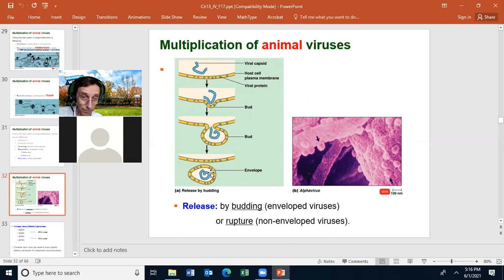And the enveloped virus will have the membrane form around the virus, and then this membrane will form the envelope around the virus. And it won't entirely be molecules made from the cell, because like I said, in this membrane will be largely proteins or lipoproteins or maybe glycoproteins that are made by the virus.